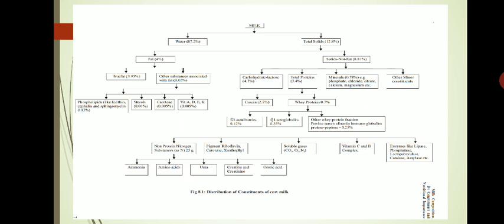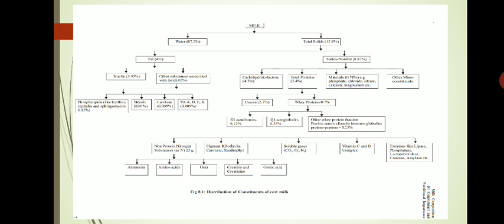Water makes up almost 87% of the volume. So water is the major component of milk, and besides water it also contains total solids. They comprise around 12.8%. So overall, milk is nothing but water, and all solids are dissolved in water.